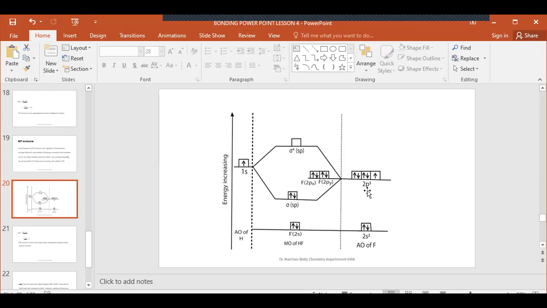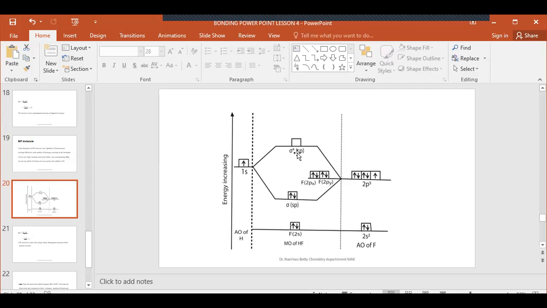Then the 2p, the 2 lone pairs in each orbital do not participate in bonding. They are called non-bonding molecular orbitals, but the one which is not shared overlaps with the 1s of hydrogen to form the sigma sp bonding molecular orbital. And there is nothing in the sigma antibonding molecular orbital.